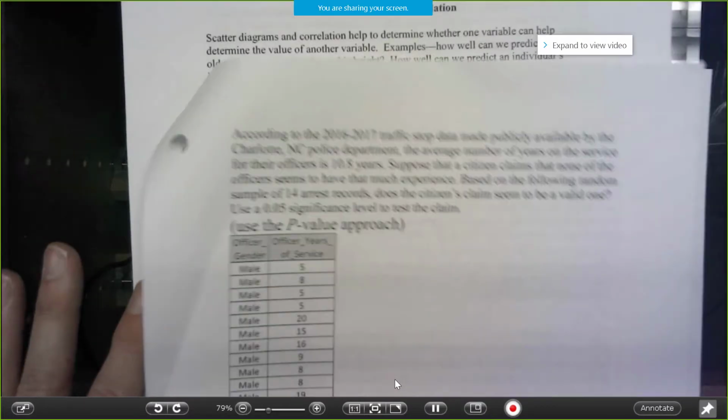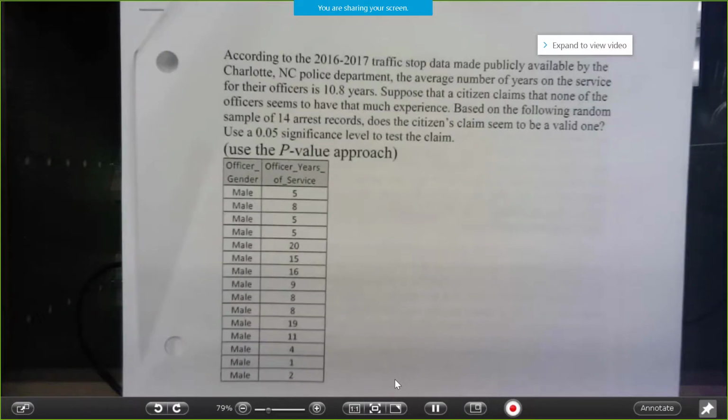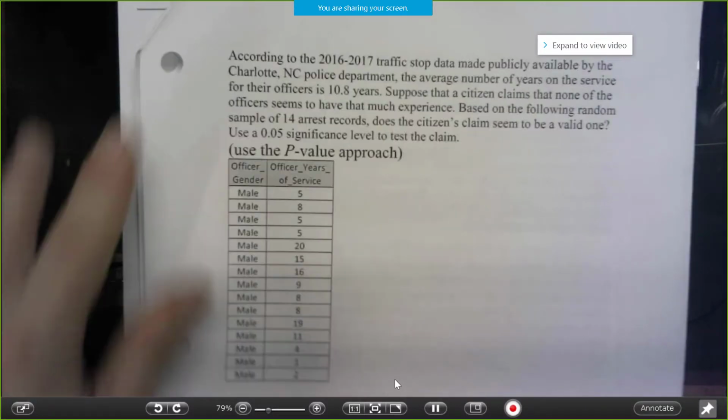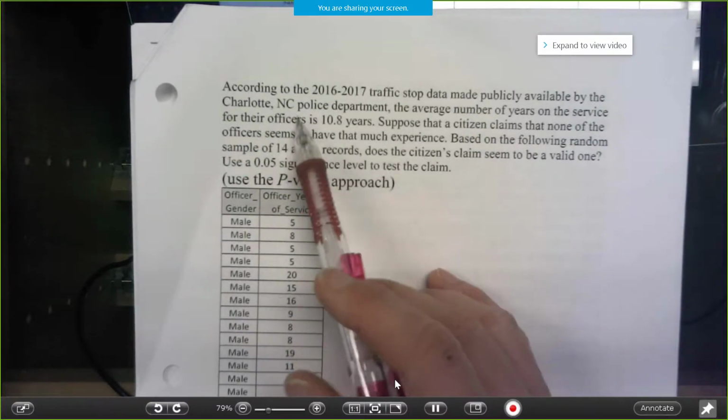All right. Okay, so now we're going to do an example where we have to enter data ourselves. So they don't give us just the summary. They don't just say, this was our average and standard deviation. Here's the data. I did this from the file that was made available to the public from Charlotte, North Carolina.